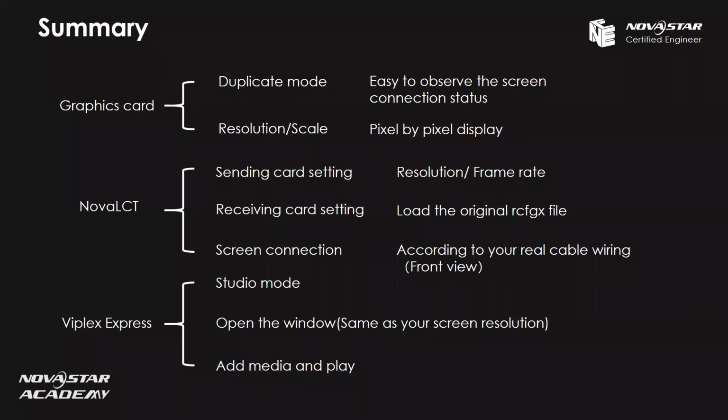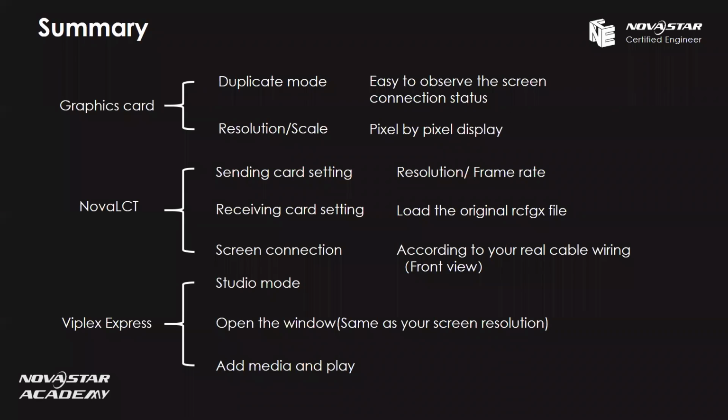When we go to the receiving card, we directly load the original RCFG file to the software, and send it to the receiving card. Then we go to screen connection. We tell the software how we do the cabling according to our real cable wiring. And please note, don't forget we do the screen connection as the front view. It must be the front view.